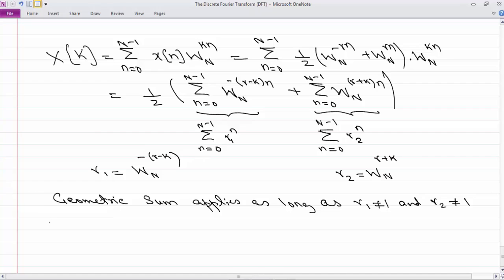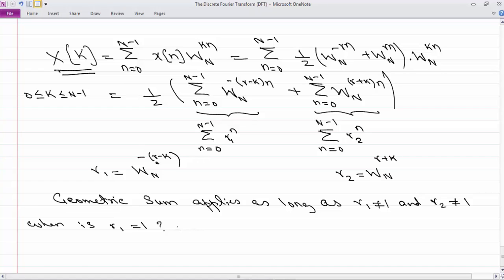So when is R1 equal to 1? Let's first get that case out of the way. Remember, we are looking at X of k, where k goes from 0 to N minus 1. R is a fixed number, and k is what is varying.